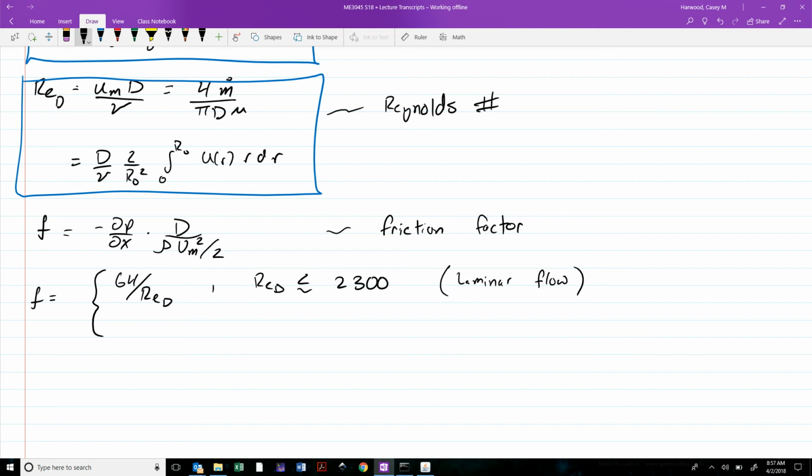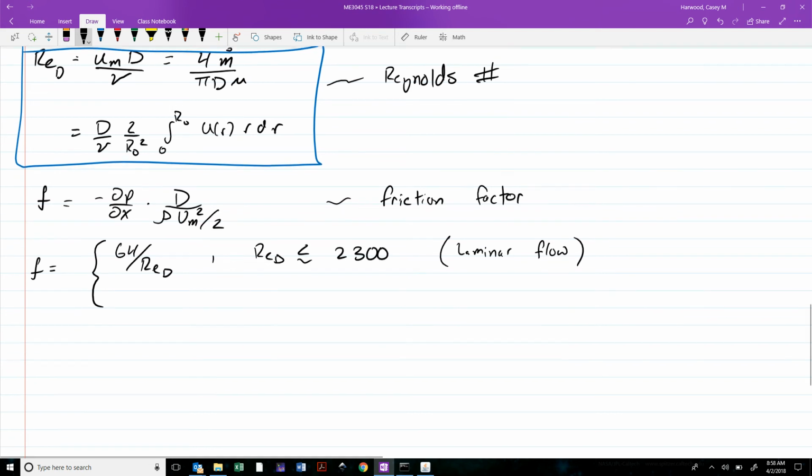Back in fluids, we used 2100, but we're going to stick with the book we're using now. If they want to say 2300, it'll keep things consistent. The difference between 2100 and 2300 is so small. It's not important. These are very much finger-in-the-wind kind of numbers.